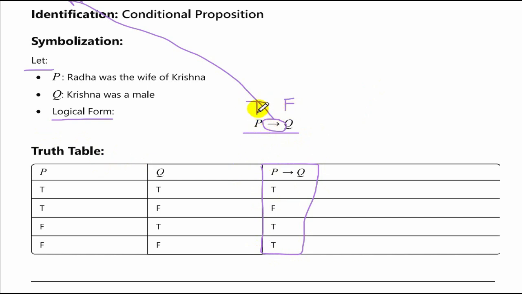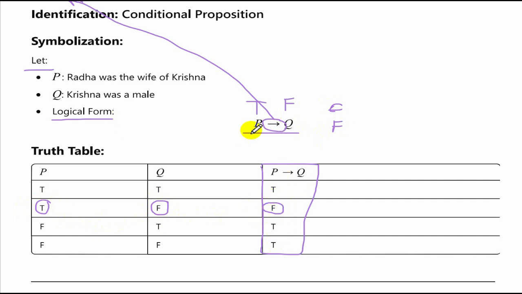That is, P is true, the first term is true, and the second term is false, then the whole conclusion becomes false. You can see it here: first is true, second is false, so the whole thing becomes false. Otherwise we put all as true.